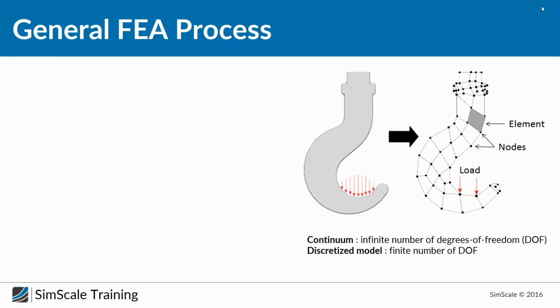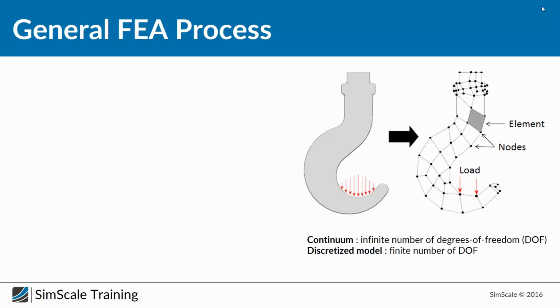As you know from school or university, for a lot of simple problems like elastic bars, there are analytic solutions which allow us to calculate the displacement, stress, etc. inside the part. But for these complex real-world shapes, there are no analytic solutions available anymore.